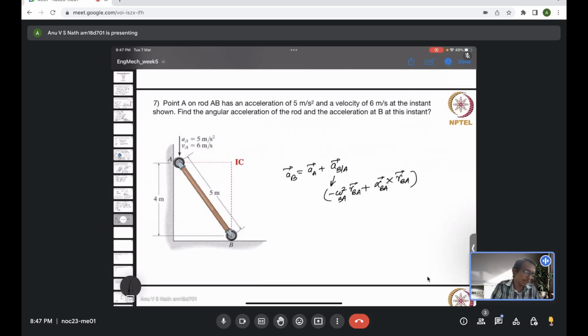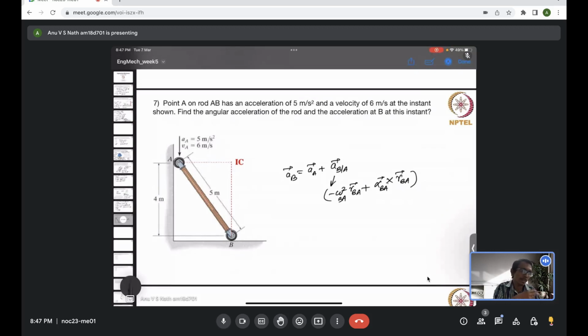Consider the imaginary triangular object connecting A and B to the IC, which is rotating about the IC as a whole. Wherever I take a point inside the triangle, all will have the same angular velocity. So you first evaluate the angular velocity with respect to A, which is the same for B also. Just the distance of point B from the instantaneous center is different.